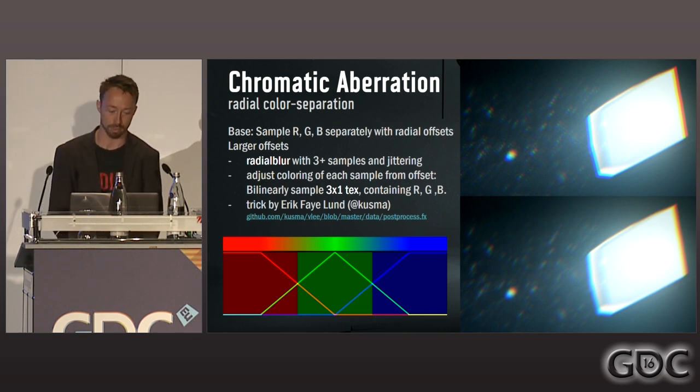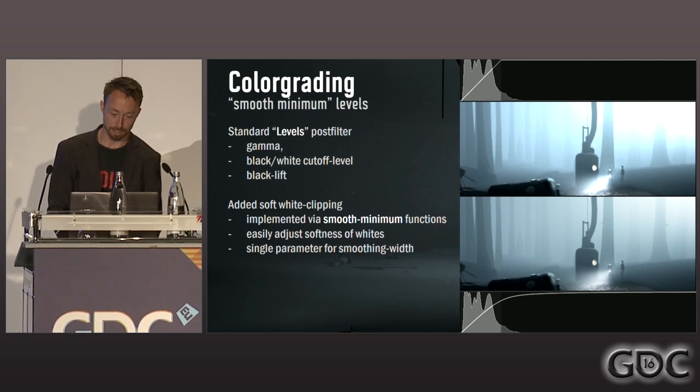So that's the way we get coloring. Of course, the reason why that works is because when sampling a texture, we get bilinear filtering for free. So that was a nice trick that we didn't come up with ourselves, but completely stole.